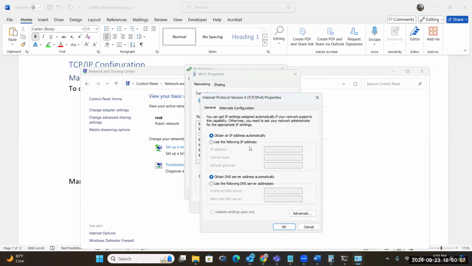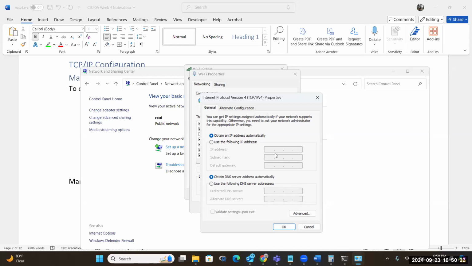But let's say that I want to dedicate my computer to become a print server. I need to make sure my IP address never changes. Then I would select this option and type in the IP, the subnet mask, and the router. So when you do the Linux part today, that's what you're going to be doing: putting in a manual IP address.